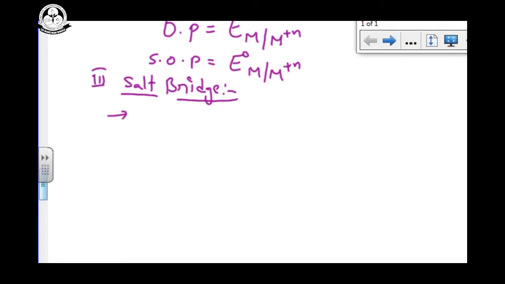First of all, how is the salt bridge constructed? A salt bridge is an inverted U-shaped glass tube.